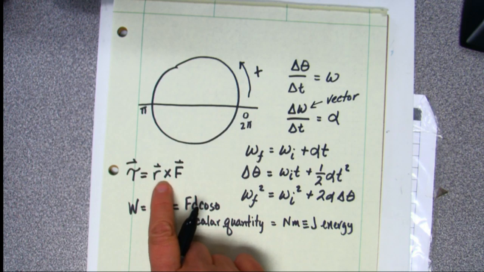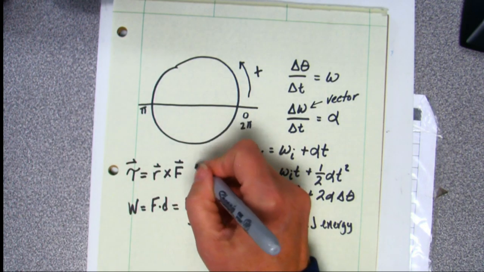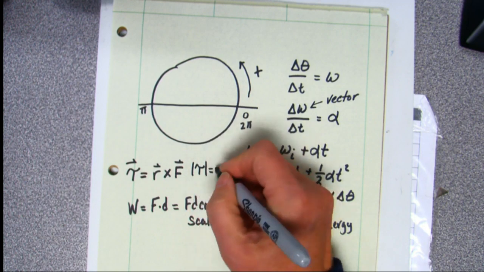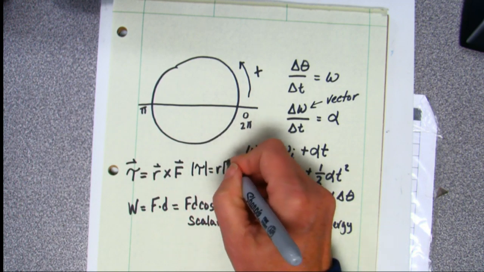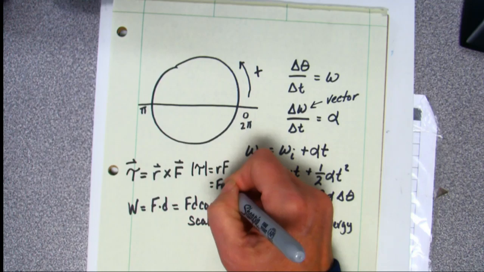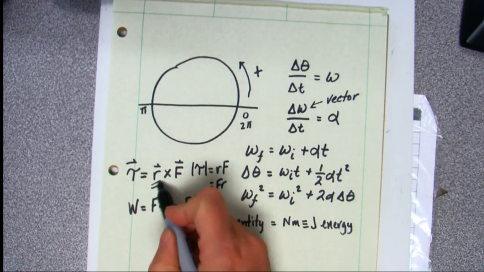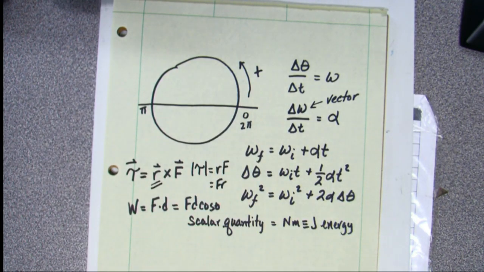And even though, if we say the maximum torque is going to be RF, even though we write it FR, the order of the function is very important because of the right-hand rule. The order of our function is extremely important for the vector quantity because of the right-hand rule.